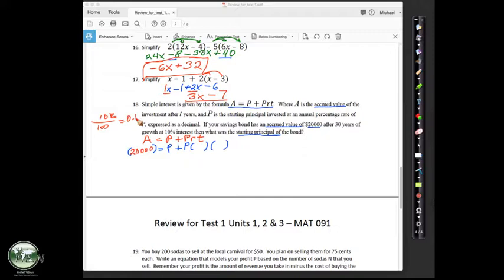So 0.1 or 0.10, however you want to write it. Since I don't have a lot of space, I'm just going to put a 0.1. And then time, they told us 30 years, right? T is in years. So I could put the 30 in there.